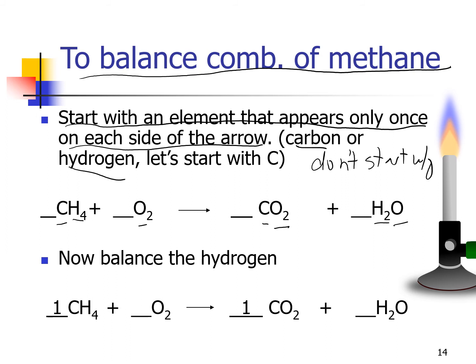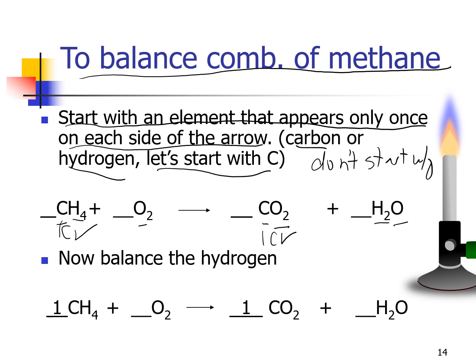You could pick either carbon or hydrogen. It doesn't matter, but let's start with our carbons. If we look at this reaction, on the left in CH4 we have 1 carbon. On the right in CO2 we have 1 carbon. So we don't have to write a 1 as a coefficient. Our carbons are already balanced. So let's go to hydrogen next, and we'll save oxygen for last.